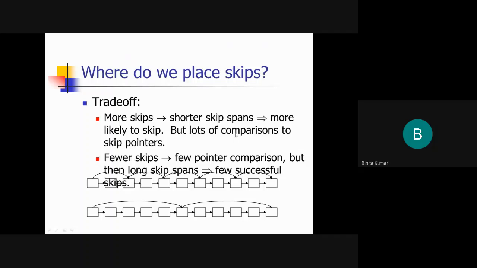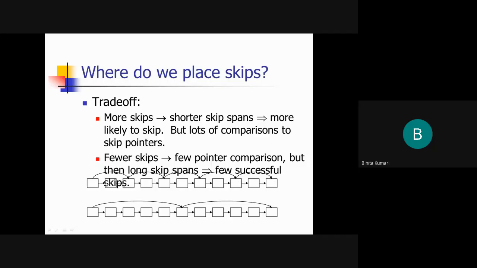Okay. Now we need to decide that we will keep skip pointers, but how many skip pointers should we keep. Okay. If we are keeping more skip pointers or more skips, that means this is one skip, this is another skip, this is the third skip, this one is the fourth, this one is the fifth skip.